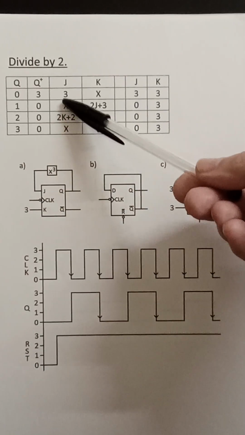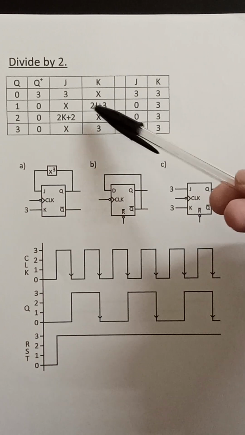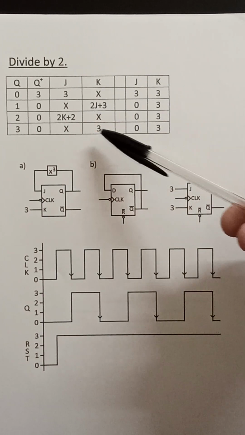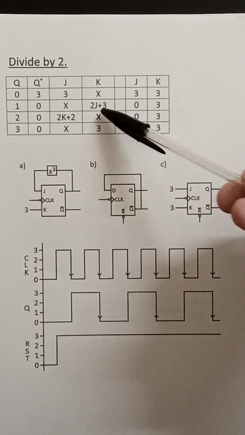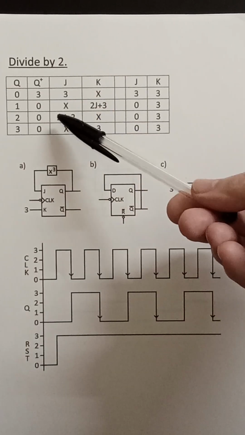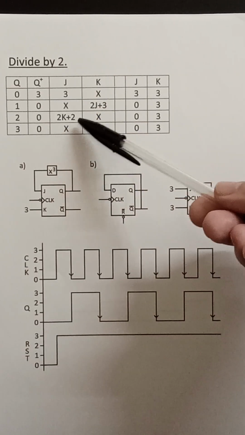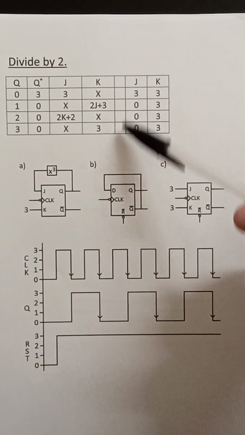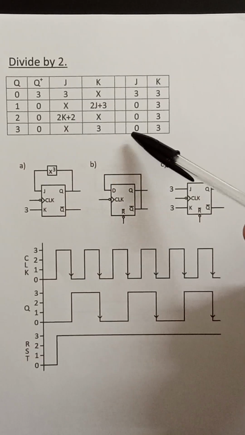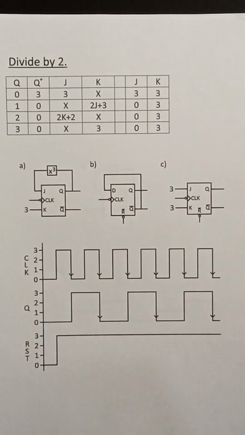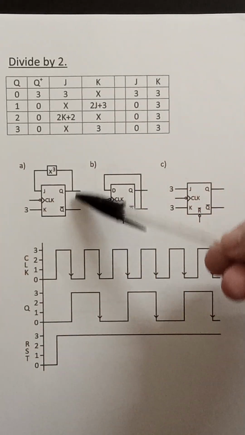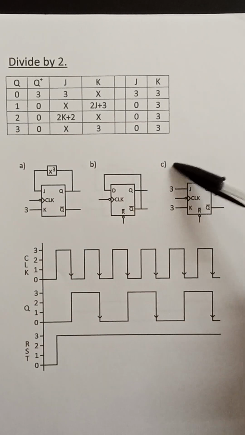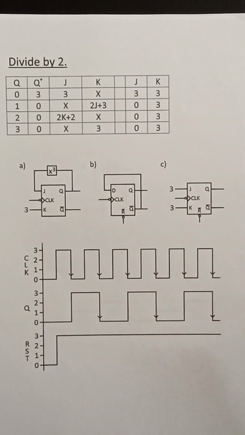Here J is a 0, so I've let K equal 2 times 0 plus 3, which is 3. Here X is a 3 for K, so 2 times 3 is 6, plus 2 is 8, which is 0 modulo 4. So J is a 0, and I've used X equals 0 there and kept the 3 there. That just means you don't have to provide a startup reset for a divide by 2. But here in circuit B and circuit C, you do have to provide a reset.